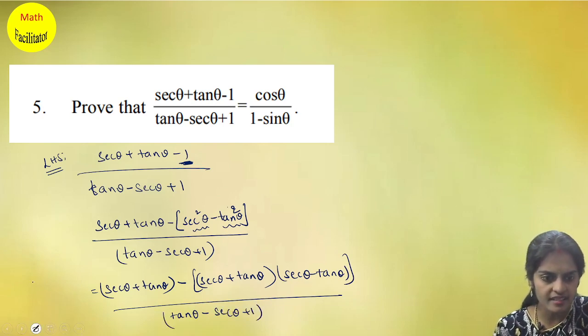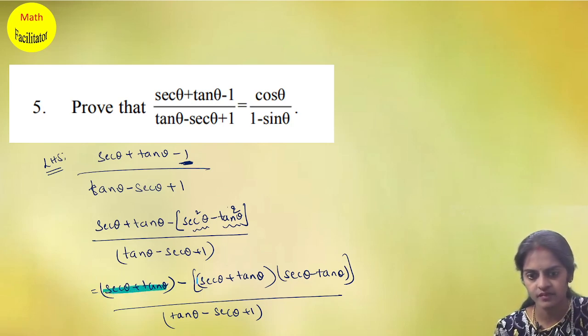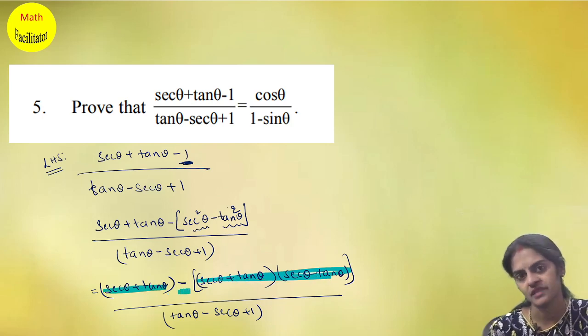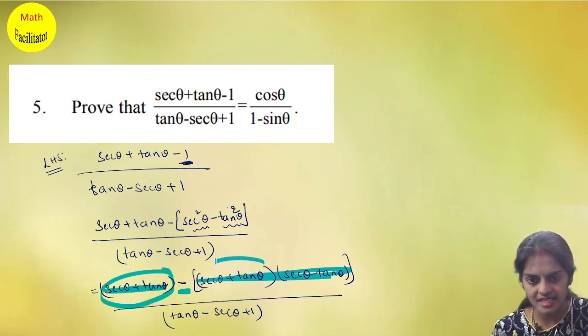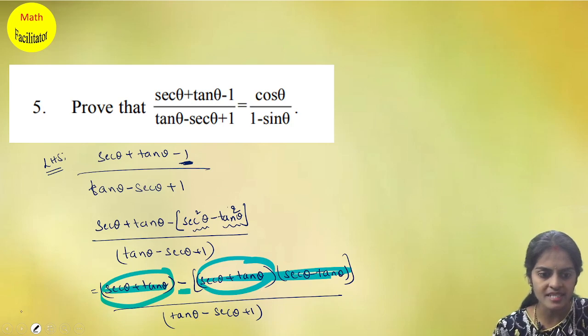If you just see here, this total is one term. You have a minus sign in between. Out of these two terms, what is common is secant theta plus tan theta. So when I take secant theta plus tan theta common, what is remaining?